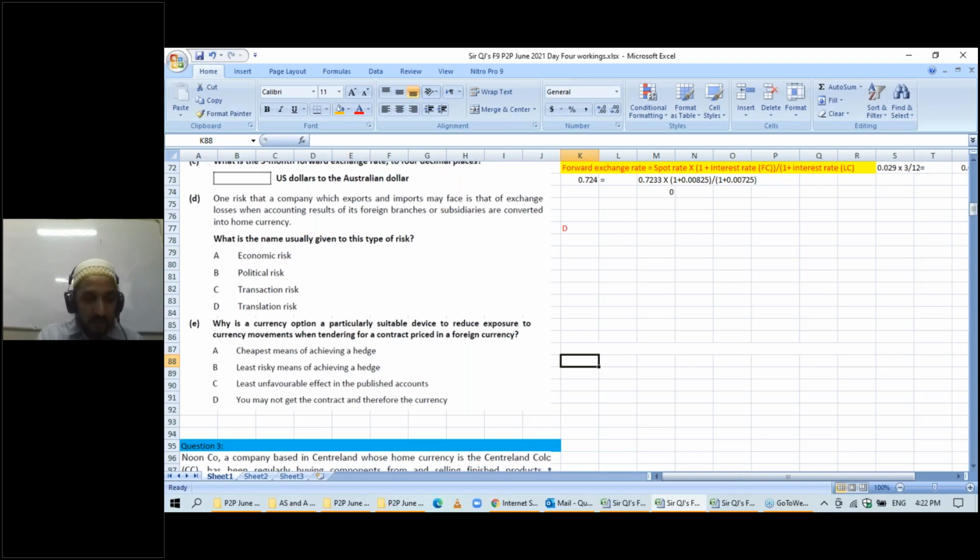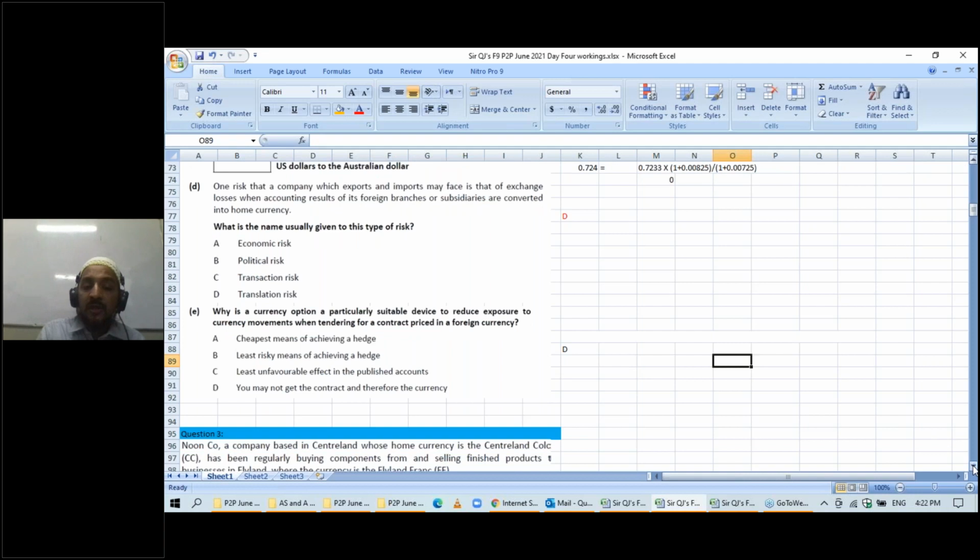The correct answer to this part E is D. Remember, a foreign currency option is the most expensive hedging instrument, because it brings the option writer into a big risk, right? So he will be charging a very high price for it. It is always an expensive option compared to any other options.